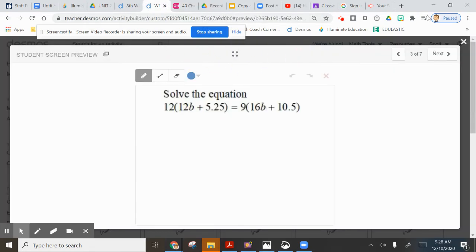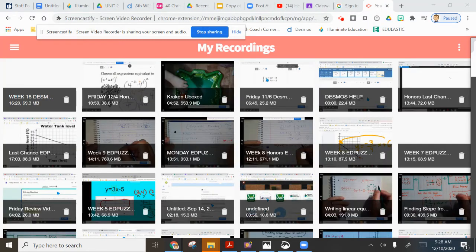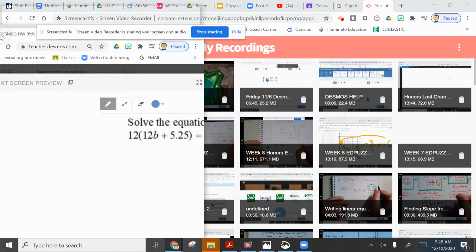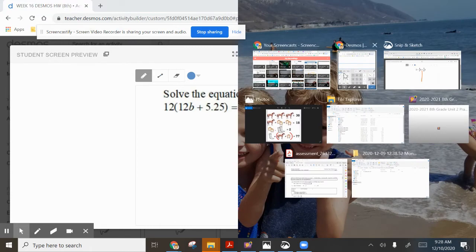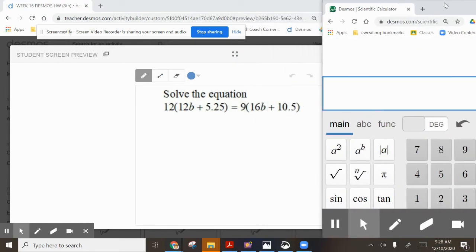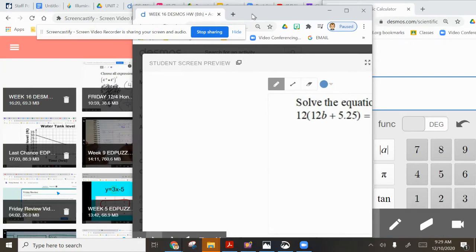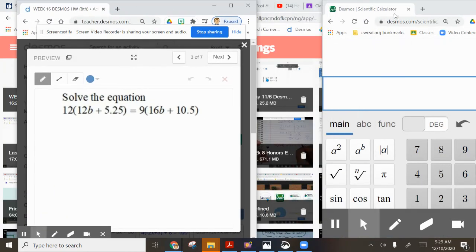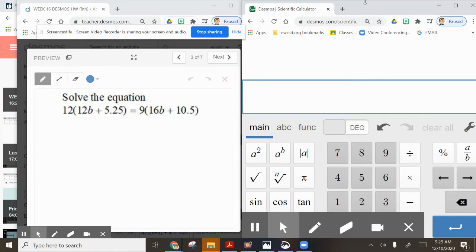Now, let's make this a little smaller too. Where did my calculator go? All right, if I put that one there and I put this one here, maybe that'll work. Sorry about that.